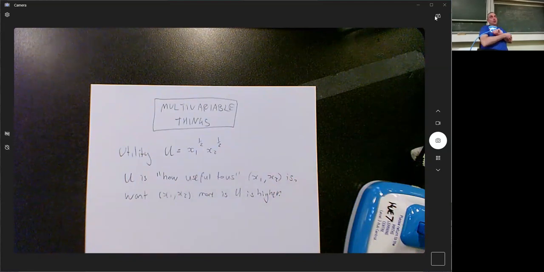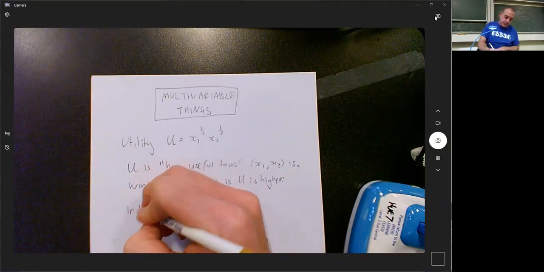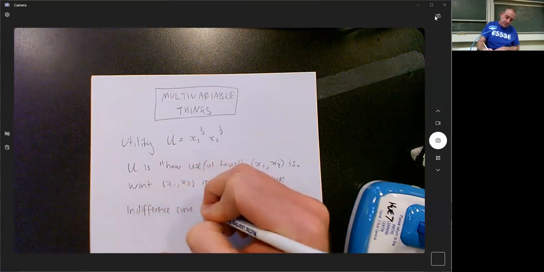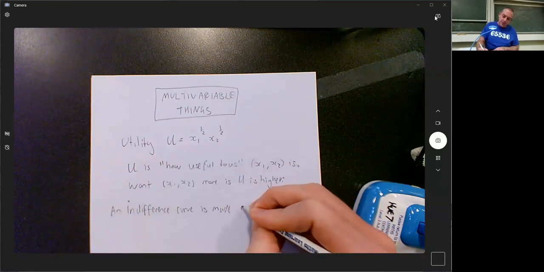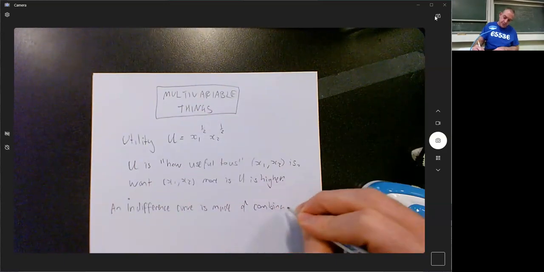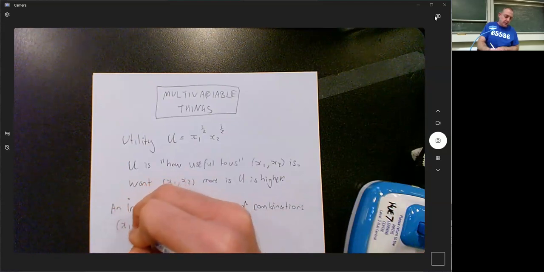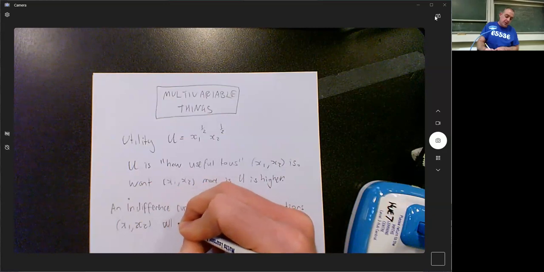And so an indifference curve is made of combinations of x1 and x2, all with the same utility.